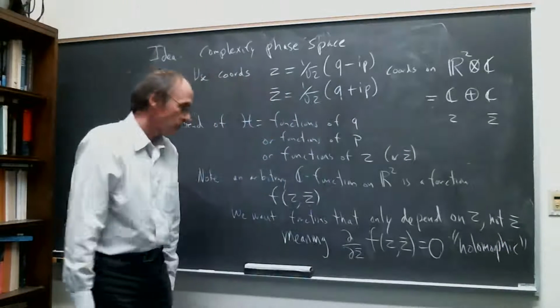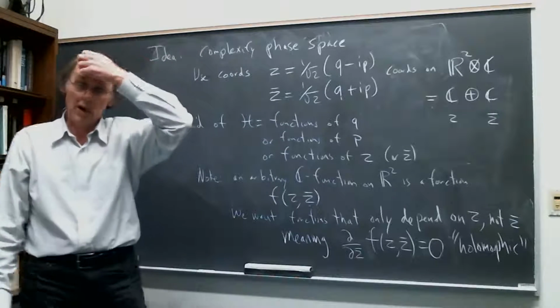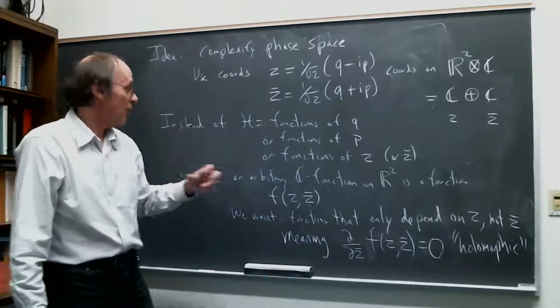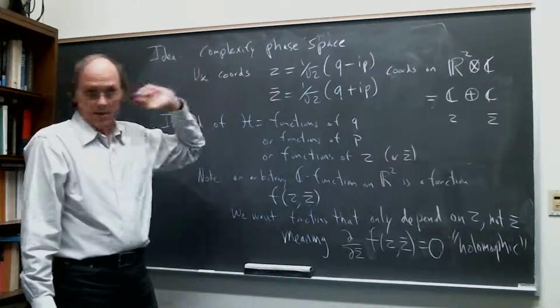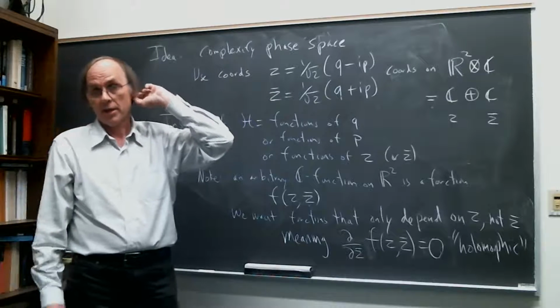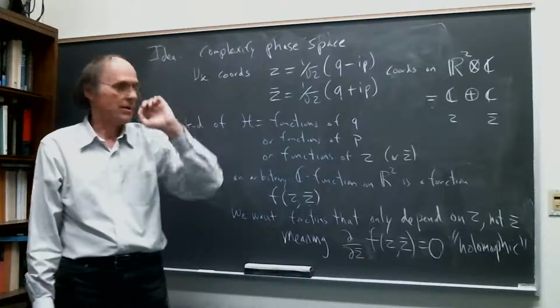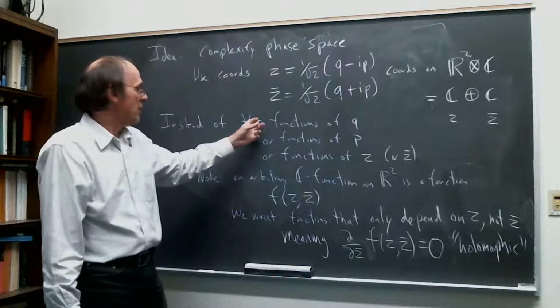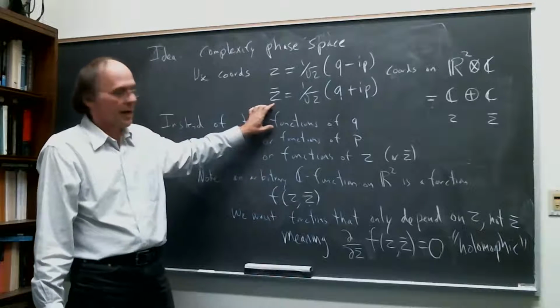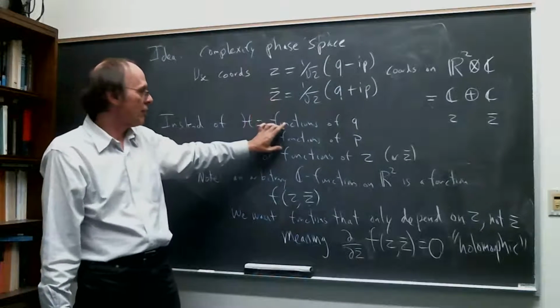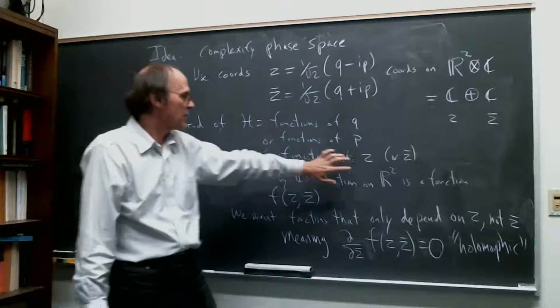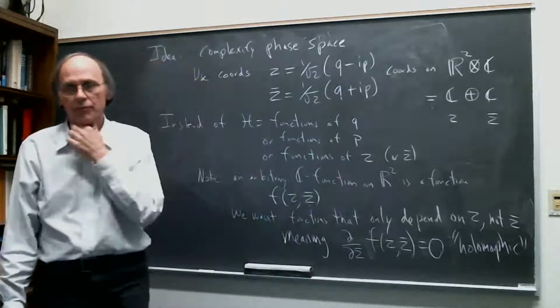Okay. So what I'm arguing is that there's another possible way of studying the harmonic oscillator, or any of these quantum mechanical systems, which is to take your state space not to be functions of q or functions of p, but holomorphic functions of z.